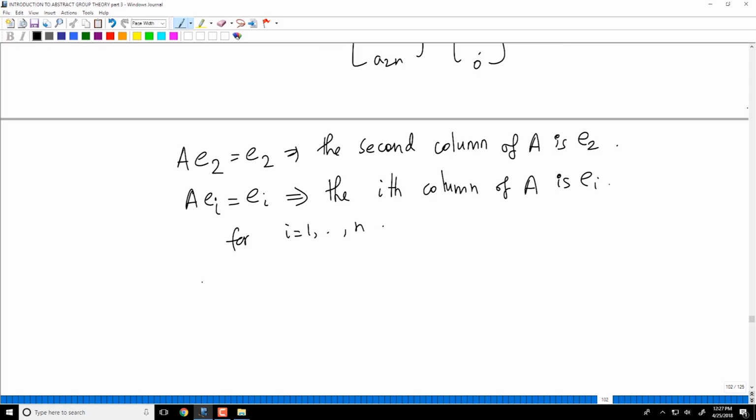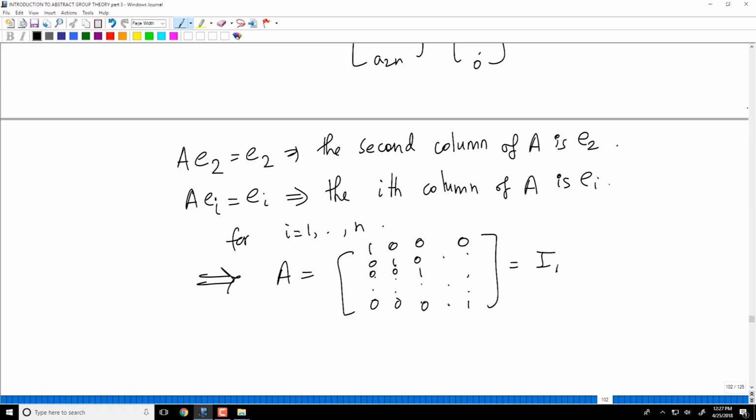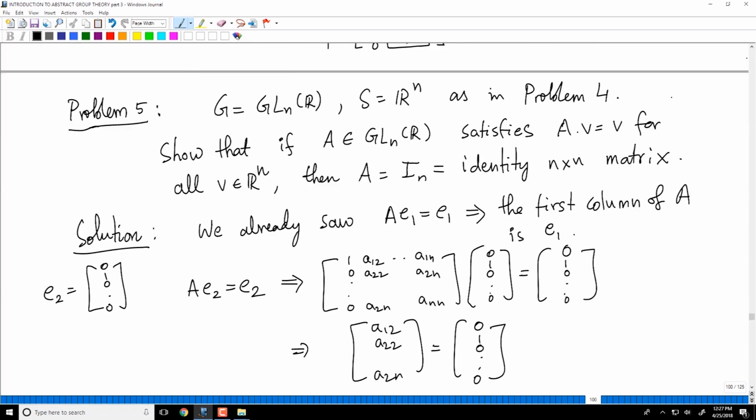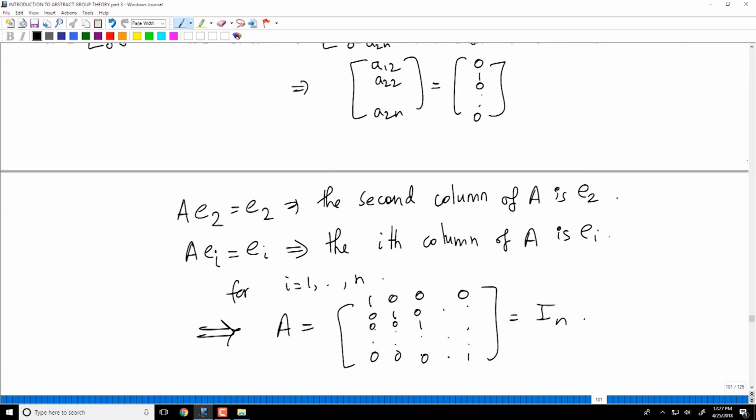So the first column of A is E1, second column is E2, third column is E3, fourth column is E4, nth column is En. But this means A is identity, right? The problem asks you to show that if AV is equal to V for all V in Rn, then A is the identity matrix.